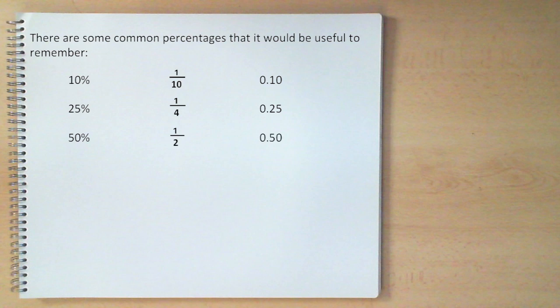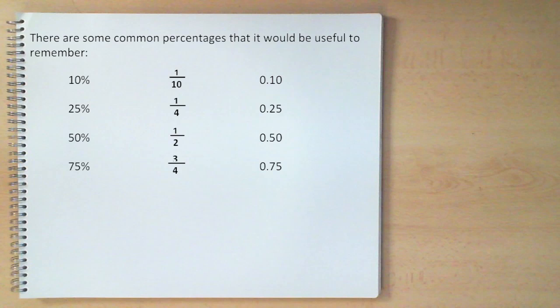So 50%, a half, and 0.5 are all the same thing. 75% is 75 over 100, and we can convert that to a fraction of 3 over 4. And if you look at this, 75% is 3 lots of 25%, which is 3/4. 3 divided by 4 gives us 0.75.